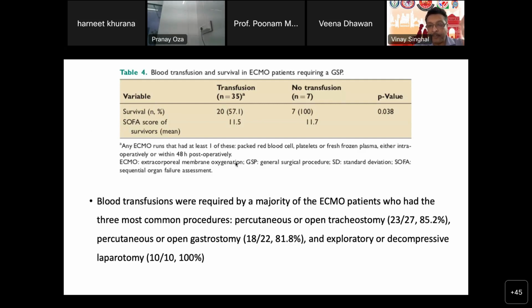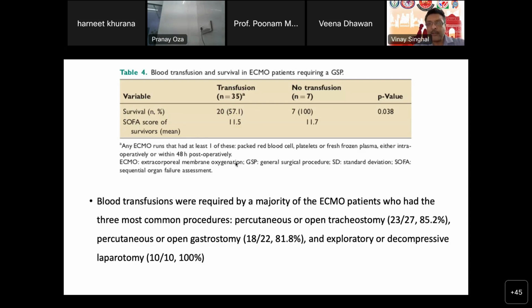Blood was required most commonly during percutaneous or open tracheostomy in approximately 85% of patients, percutaneous or open gastrostomy in approximately 81%, and decompressive or exploratory laparotomies required blood transfusion in almost 100% of patients.